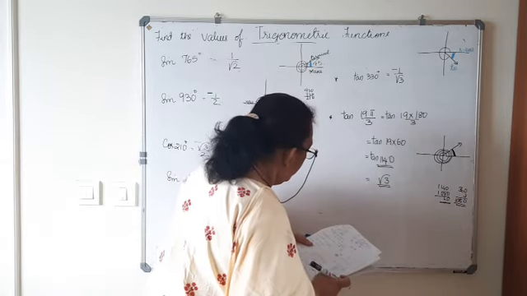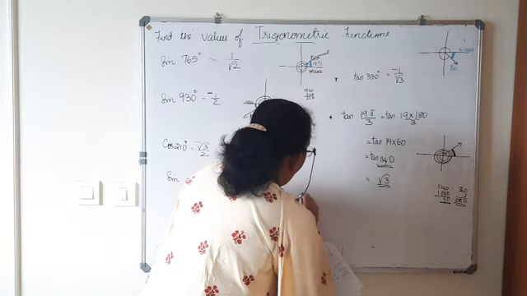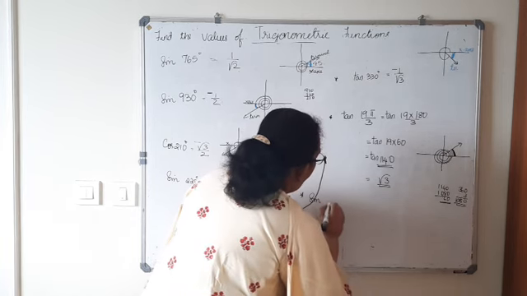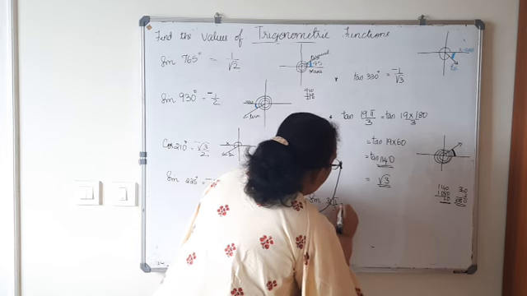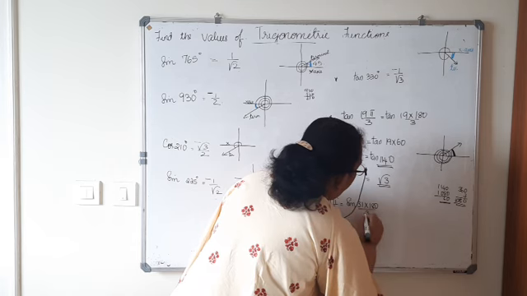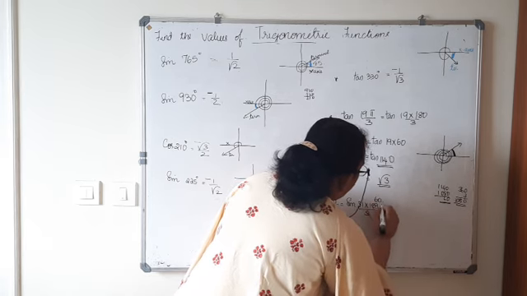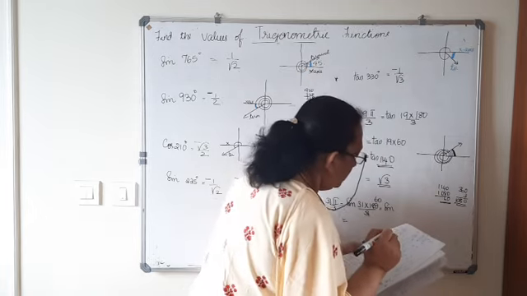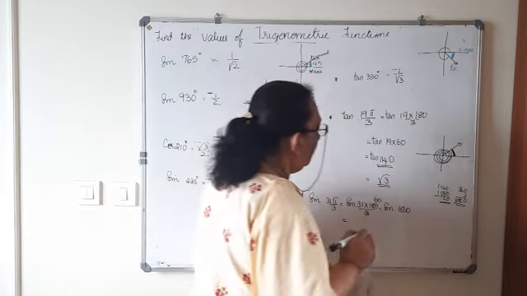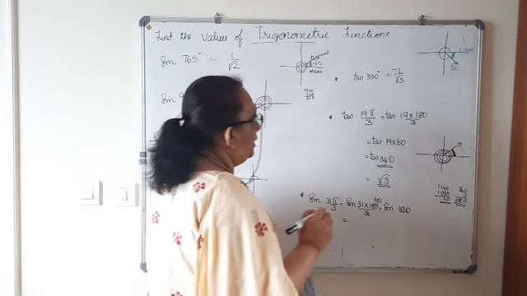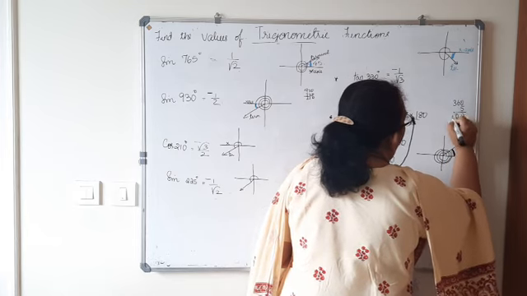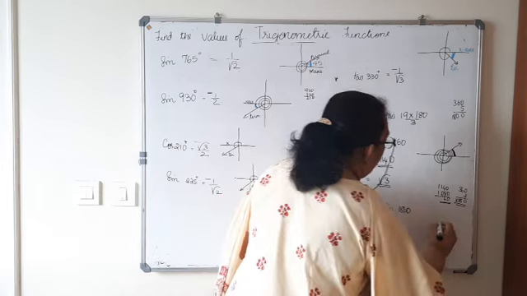Next one, sine 31 pi by 3. Sine 31 into 180 by 3. 60 is equal to sine 60. 5 times 360 is 1800, plus 60.